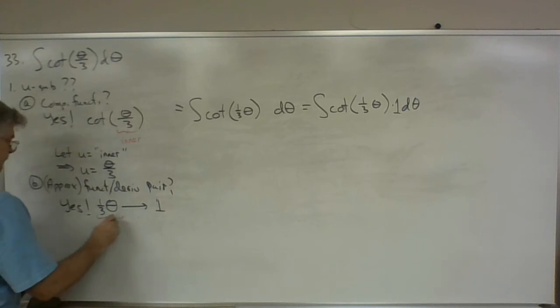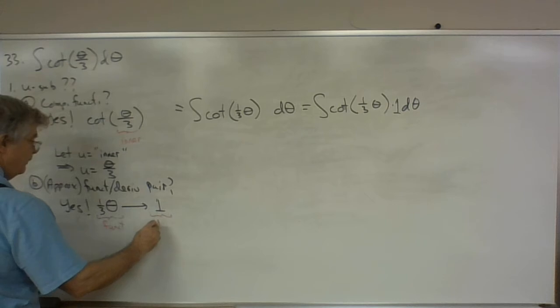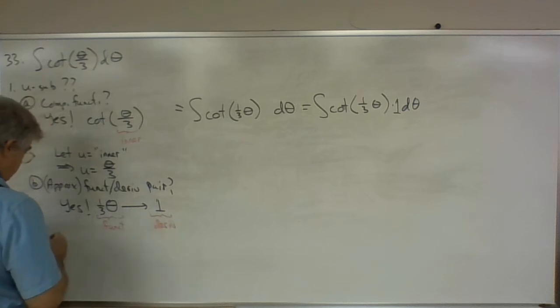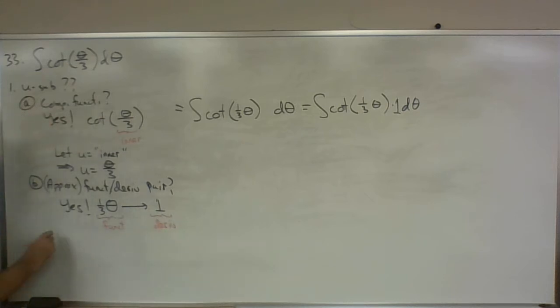Here's our function. Here's our derivative. And our rule of thumb is to let U equal the function. So U equals 1/3 theta. So we have the same U for A and B.